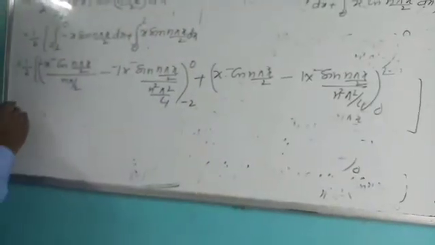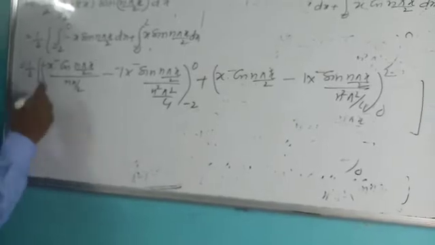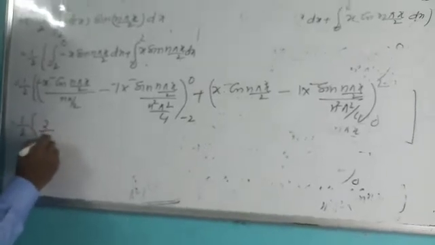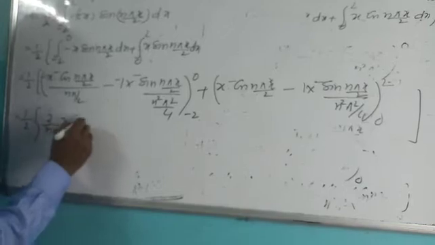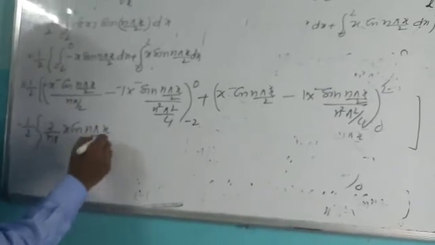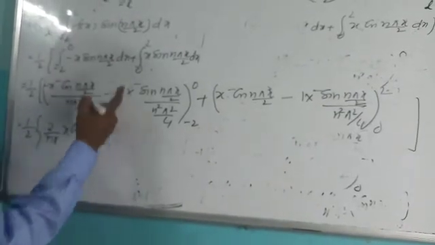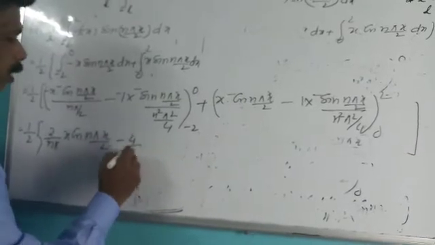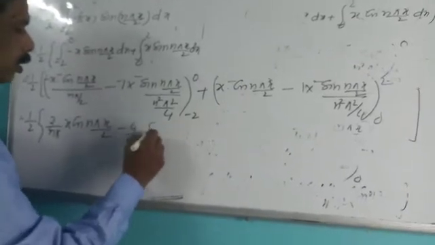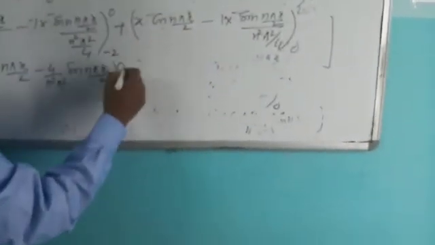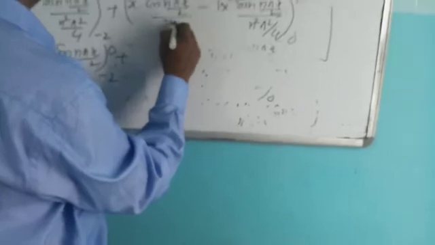That is 1 by 2 into minus plus 2 by n pi x cos n pi x by 2, and minus into minus plus into minus 4 by n square pi square sin n pi x by 2, limit minus 2 to 0. Ready?